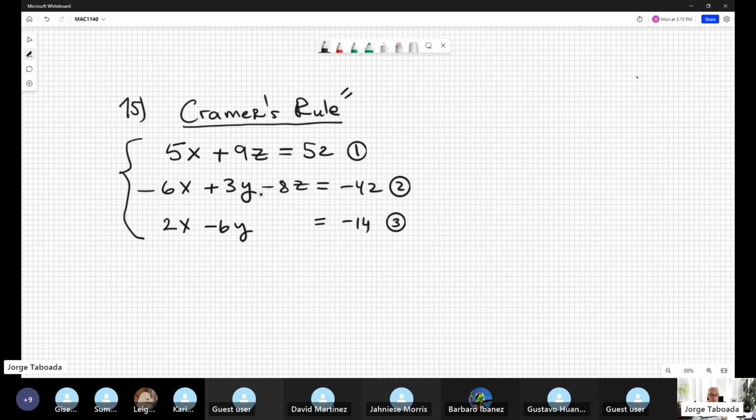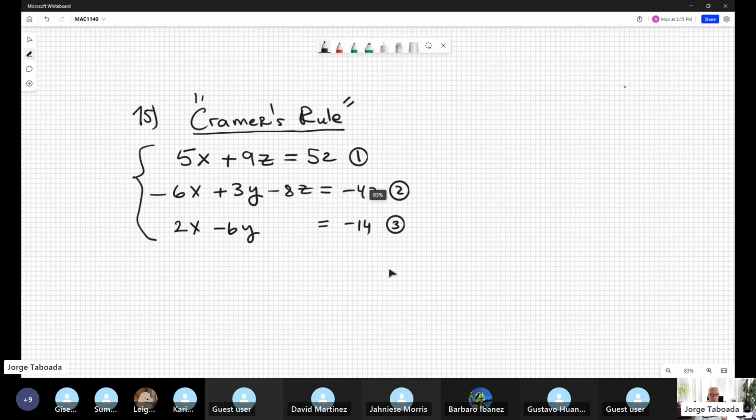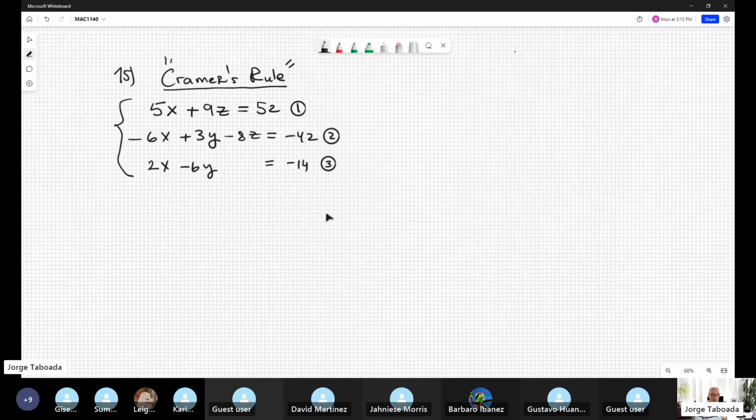Okay? Let's do the organization. You compute one determinant called capital D, formed only by the matrix of coefficients. Remember, we can apply determinants for solving a linear system of equations.